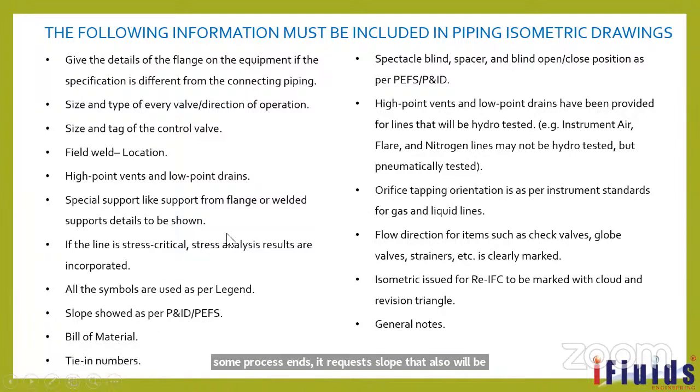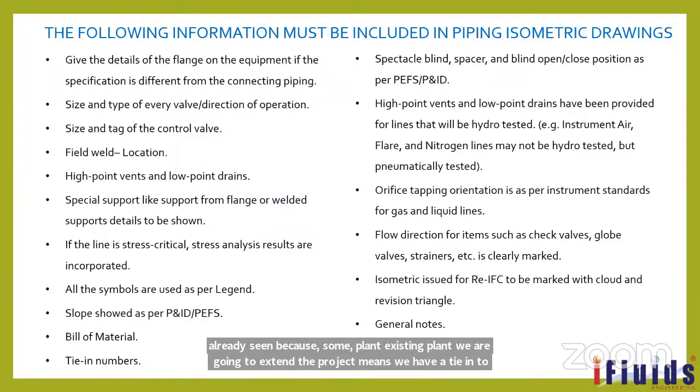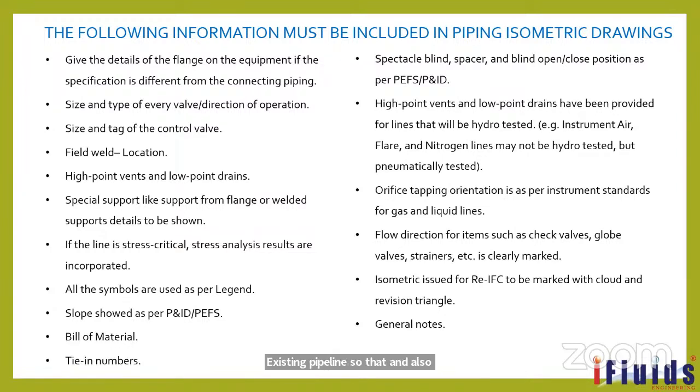Tie-in numbers we already saw, because for an existing plant where we are going to extend the project, we have to tie in to the existing pipeline. That also will be shown in the isometric drawings. And whether a spectacle blind is required, or a permanent blind, or any spacers as per the P&ID, all will be shown in the isometric drawings.